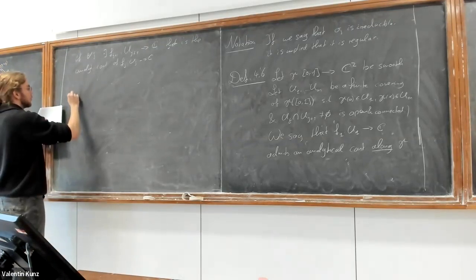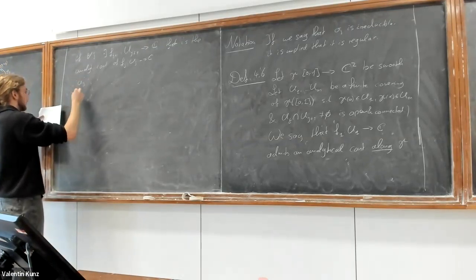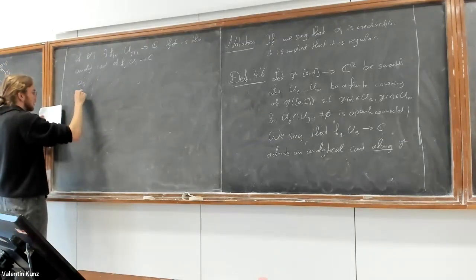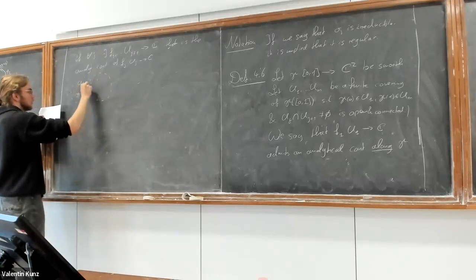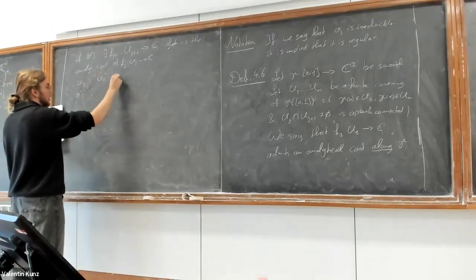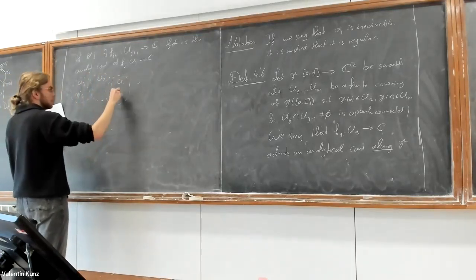So again, what is the picture? I didn't really look for color in the break, so sorry for that. So this is gamma of 1, U2, and let's say U1 here.